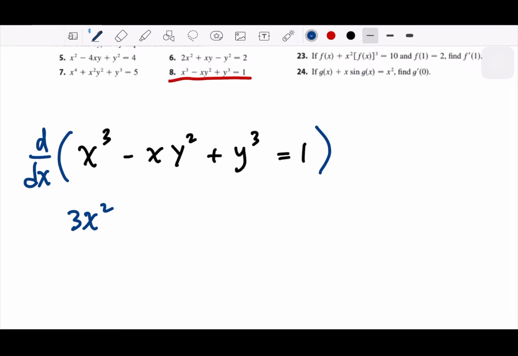Yes, and then we need to use the product rule. So when we have x and another variable, it means that we need to use the product rule. Okay, so imagine this is fg.